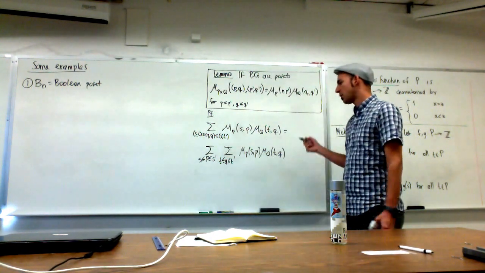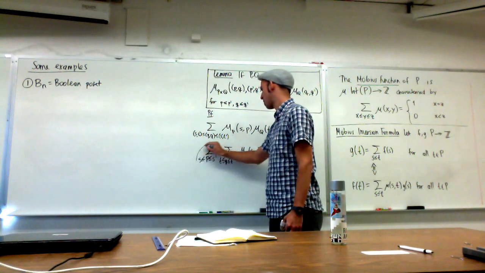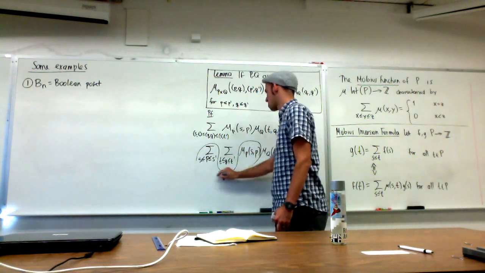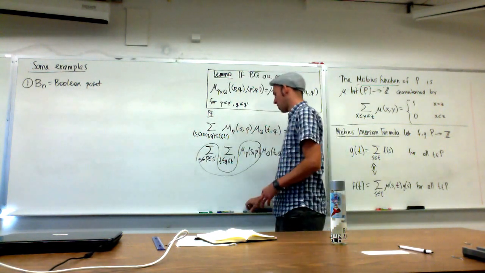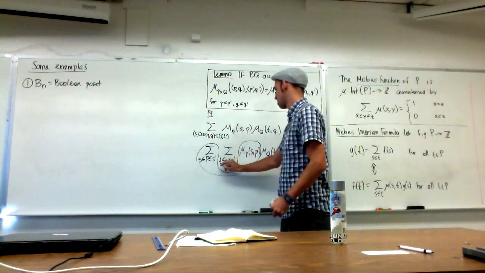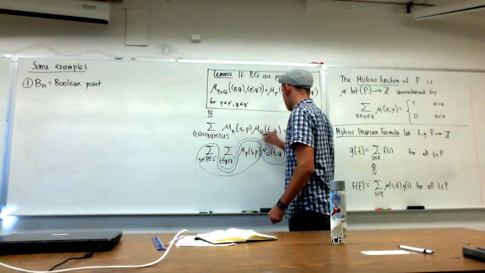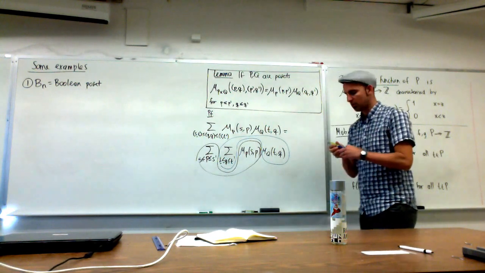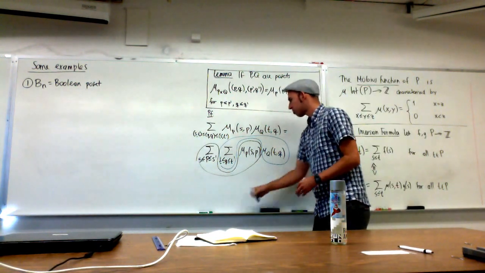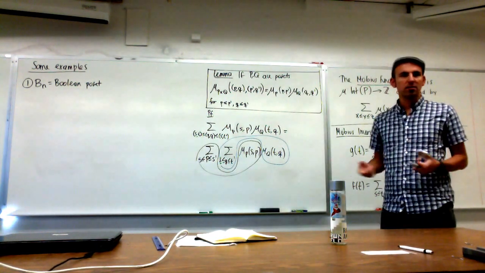Okay. And now I have a product of two sums. This one and the other one, right? And we know that this is generally 0, right?